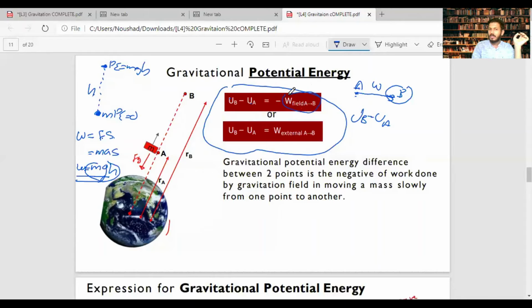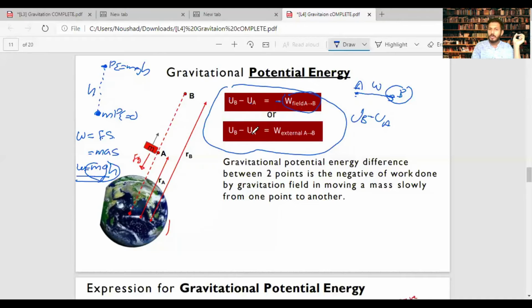Then what is the minus? Actually, from B to A the work is calculated. It is the negative of the work from A to B, so we get a negative.